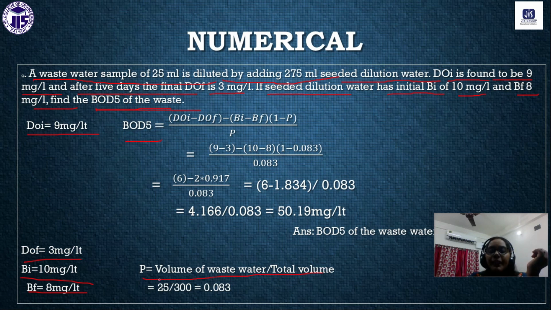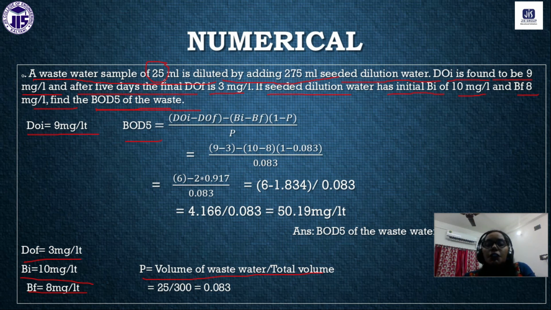Okay, so the P value is the volume of wastewater divided by total volume. Whatever we have taken, that is 25 ml of wastewater, 25 divided by total volume. Total volume means whatever wastewater we have taken plus whatever water we have mixed into that wastewater sample for dilution purposes.